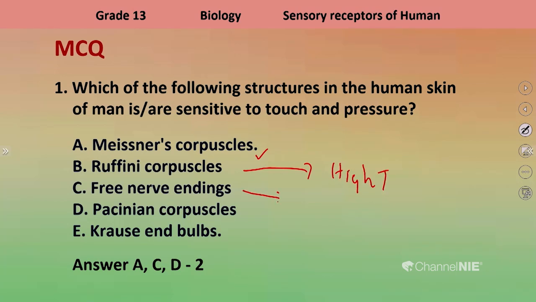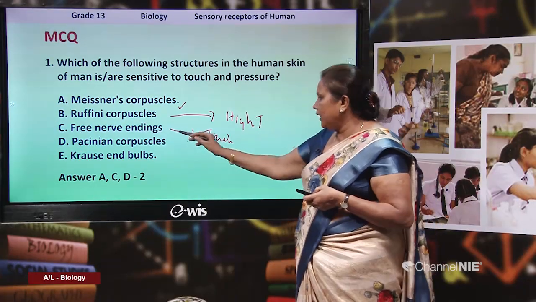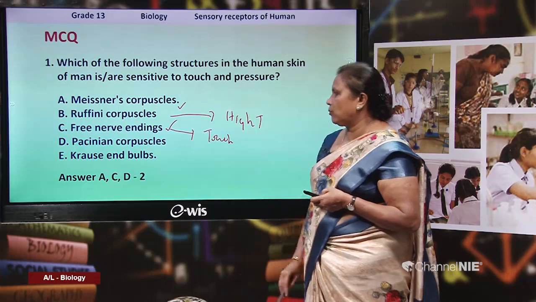Free nerve endings carry out many functions in the body. They are sensitive to temperature and to touch, and some specialized free nerve endings are important for detecting pain. Therefore, free nerve endings can be taken as a correct one.